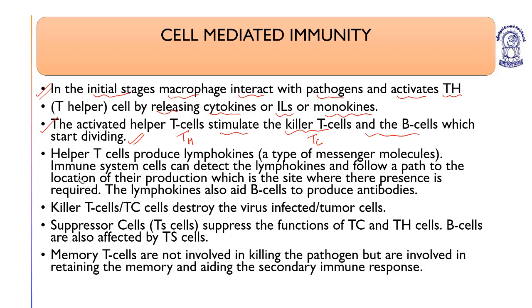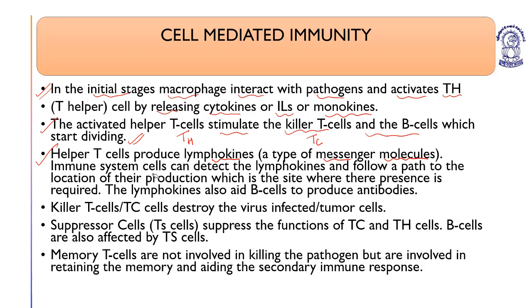Helper T cells produce lymphokines, a type of messenger molecule. Immune system cells can detect the lymphokines and follow the path to the site where their presence is required. So T helper cells produce lymphokines.